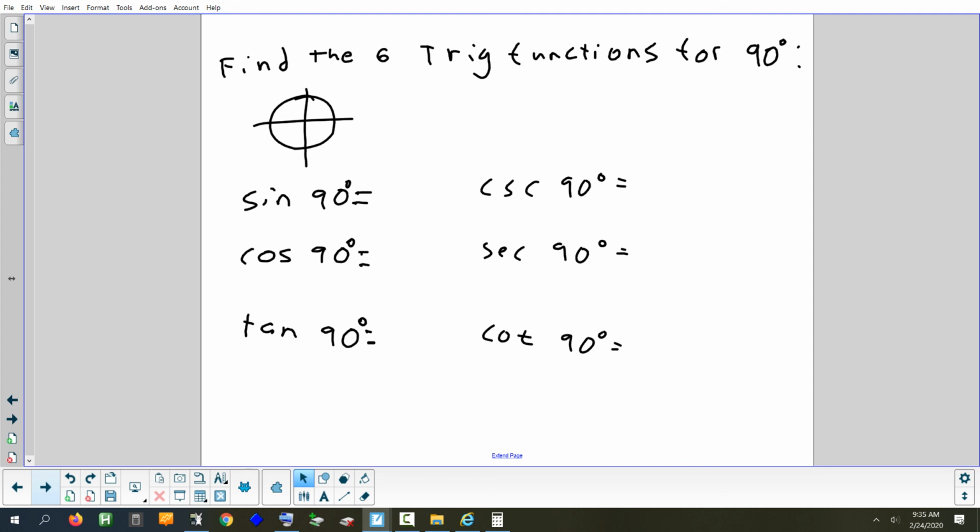So Joe, when we draw 90 degrees, where is it on the circle? Well, then it's 90 straight up. So the coordinate for 90 degrees is straight up. So now we just need to translate straight up into a coordinate.